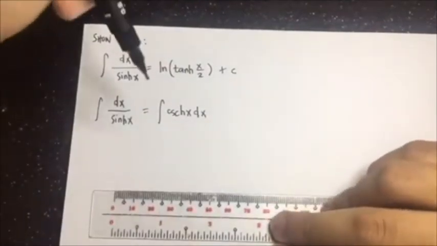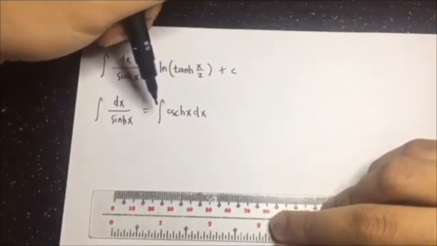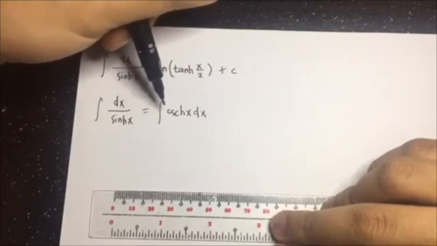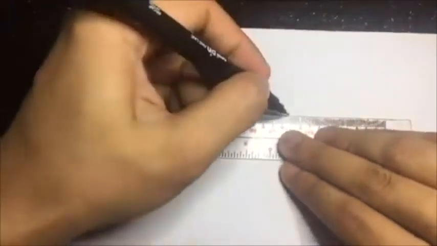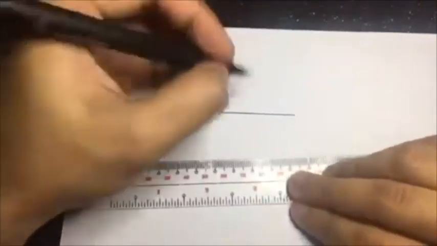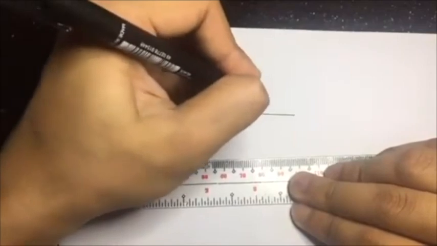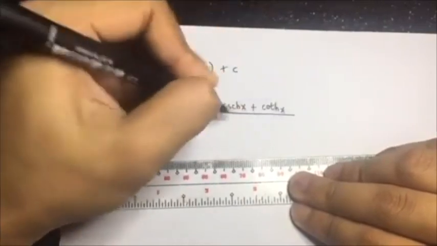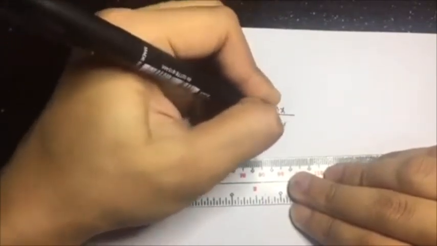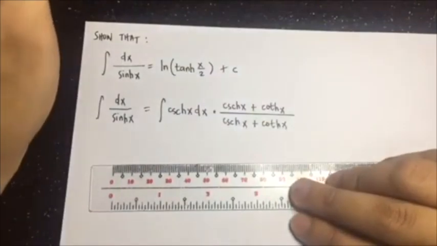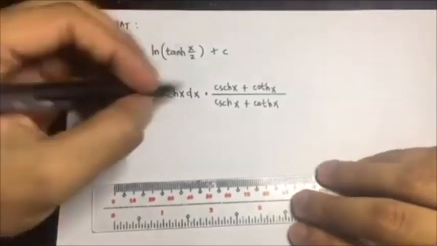Okay, so similarly, we will do here what we did in deriving the integral for the trigonometric function of cosecant. So here, we will multiply the numerator and the denominator with, this time, hyperbolic cosecant of x plus hyperbolic cotangent of x. Okay, so similar with the derivation for the integral of cosecant.